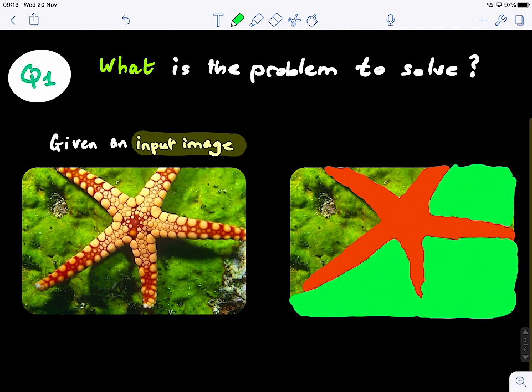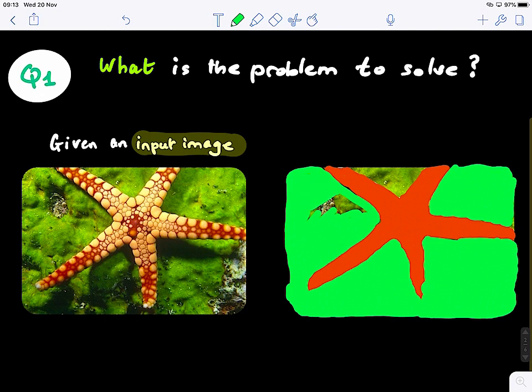Do you think it's a fun task to do? Well, it might be fun if you are in elementary school, right? But if you have lots of other things to do and you don't want to spend time coloring and labeling objects in images, this is not really fun. So this is a time-consuming task, okay?